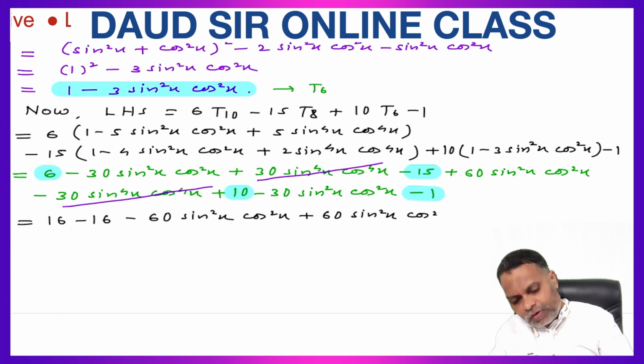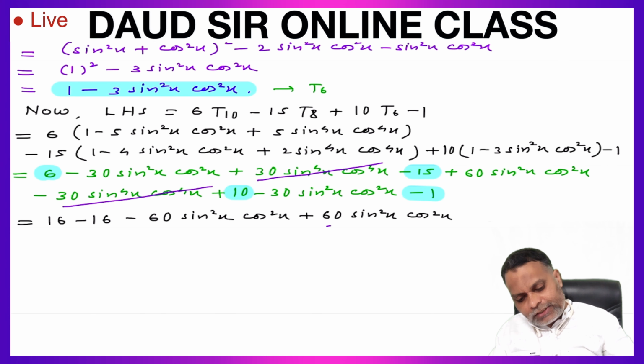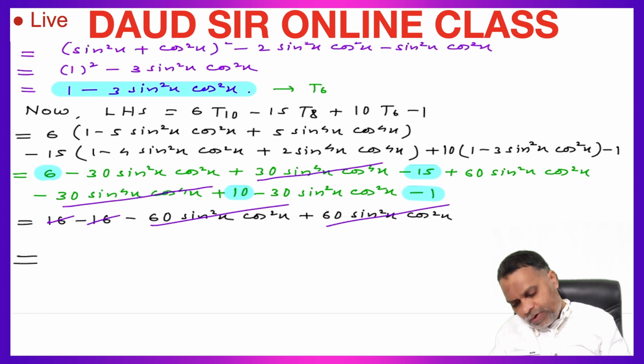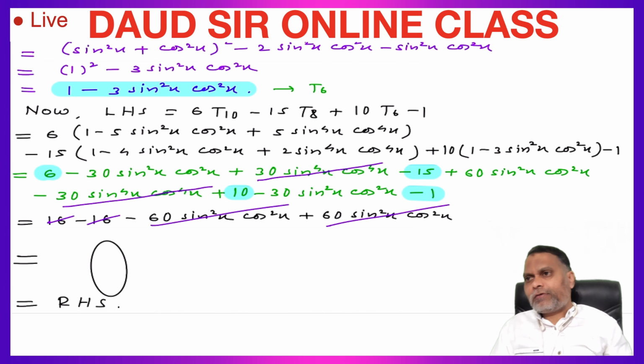Now we can cancel them. This positive 60 sine square x cos square x and negative 60 sine square x cos square x cancel, minus 16 plus 16 cancelled, and finally we have got 0, which is equal to the right hand side.